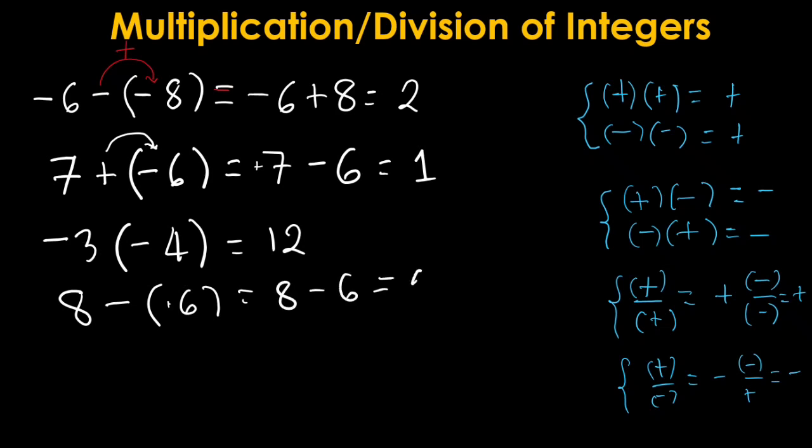And that gives you 2. Okay, so if you have 5 times negative 8, that's multiplication because of the parenthesis here. You don't see a sign here, that means it's positive. You multiply the sign first. Positive times negative is negative. 5 times 8 is 40.